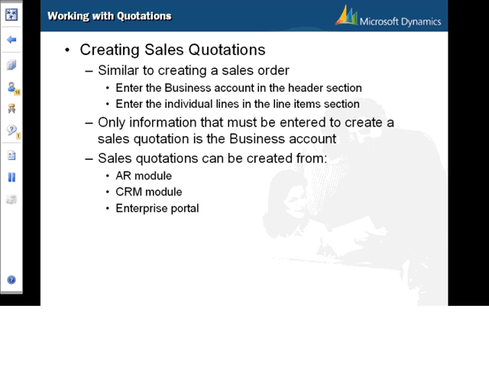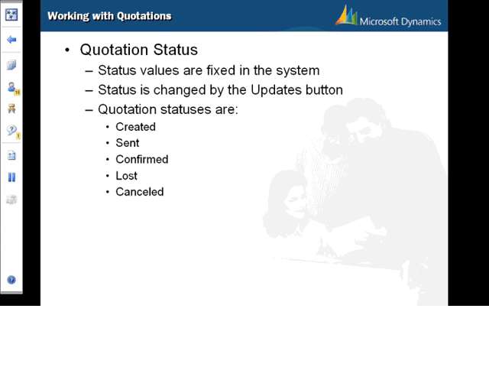And yes, quotations can be created from the accounts receivable module, from the CRM module, and from the enterprise portal also. So, working with quotations, each sales quotation has a quotation status.